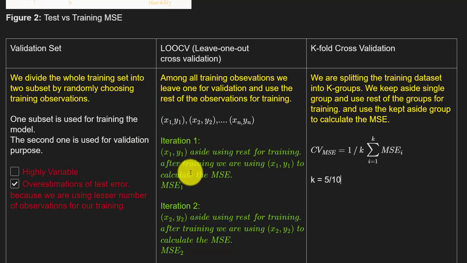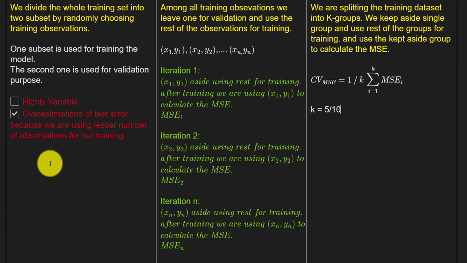In each iteration we are almost taking the same data set to train, so the output is also almost similar. So we can say it is very unbiased. So if I write it down, the validation set approach is highly biased.